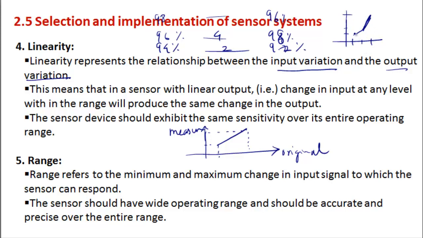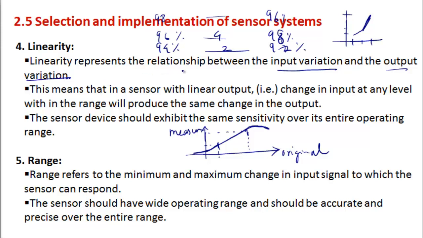It does not make a straight line, it actually takes a curved line, and that is happening with most sensors beyond a certain range. So beyond a certain range this will slightly curve, and you will take only that range where it is linear.